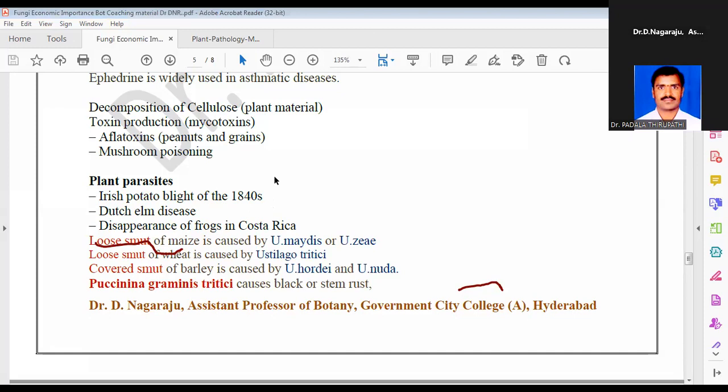That is one of the major diseases that caused starvation and death of so many people, and financial deficit of whole countries, because of a single fungus, Phytophthora infestans.